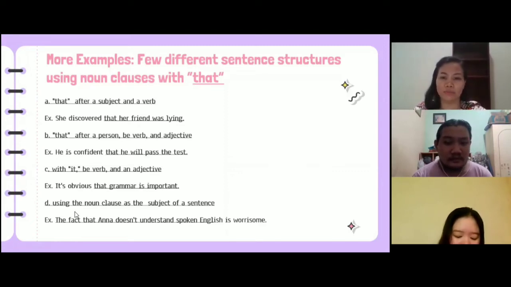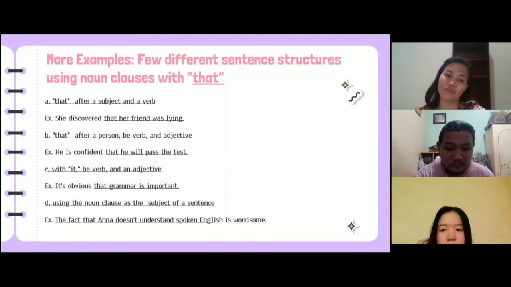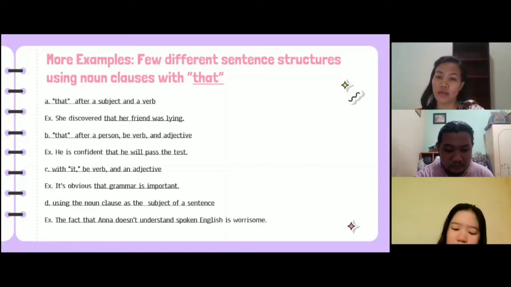So you have to take note of that. Okay, the last example is a little bit different. In this case, we're using the noun clause as the subject of a sentence. I showed you a while ago about the subject of a sentence, but this is more explanation. Remember, a noun clause acts like a noun in a sentence, so it makes sense that it could act as the subject of a sentence, one of the important functions of nouns.